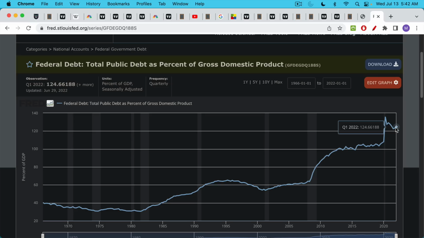This is the problem Japan's having as well, which is why they're trying to do the opposite. They're not trying to raise interest rates, they're trying to lower interest rates so their government doesn't blow up. And the US is in a similar position where we can only go with this Fed hawkishness and tight policy for so long before everything goes down. And we've seen almost every asset is down in 2022 because of this.